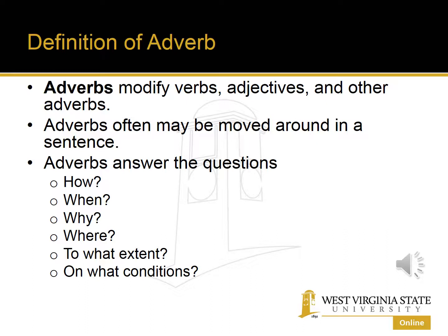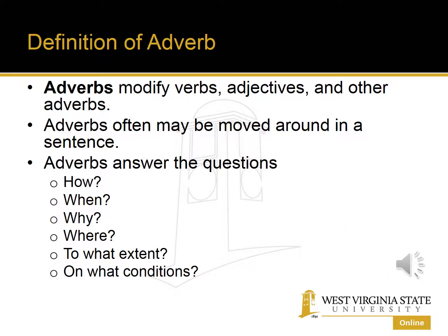The tricky thing about adverbs is that they can be moved around in the sentence. Like I said, the adjective usually appears right before the noun or pronoun that it modifies, but an adverb can sometimes be located remotely from the word it is modifying.